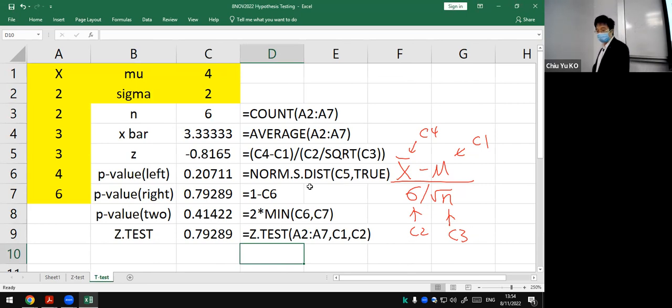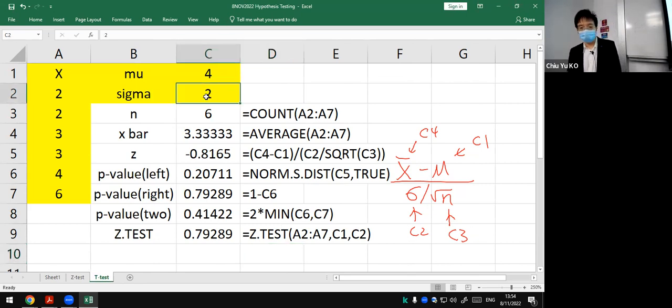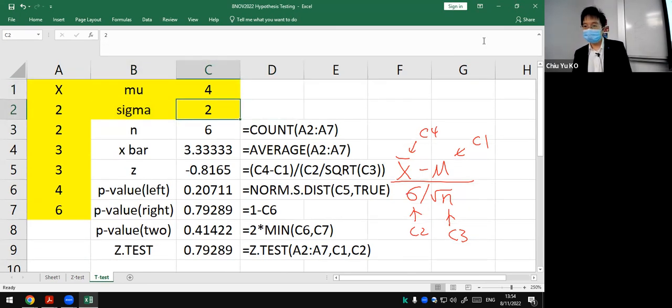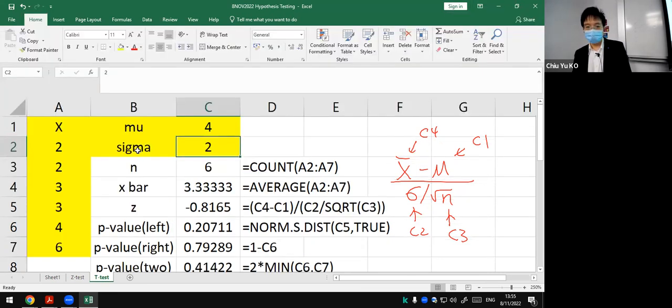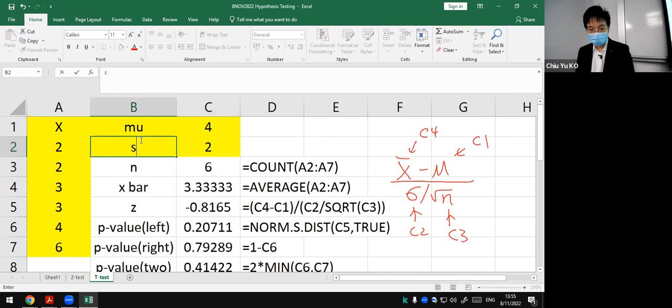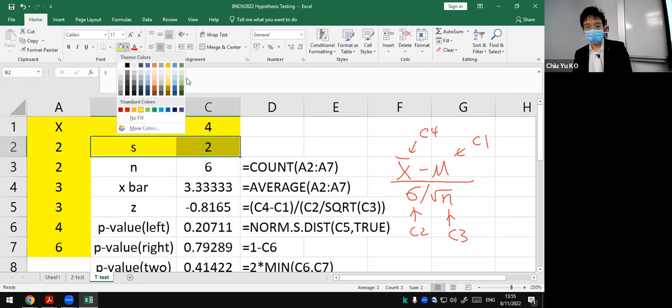How we do the one sample T.TEST is we don't have sigma anymore, so this is gone. Instead of sigma, we have S. And this is no longer yellow; let me make it green so you know what's going on.